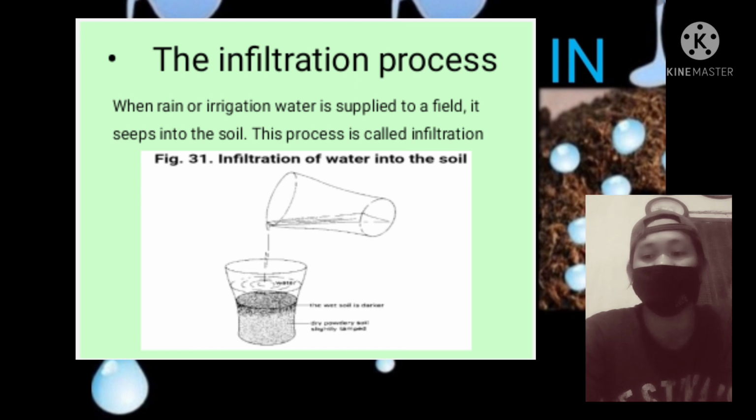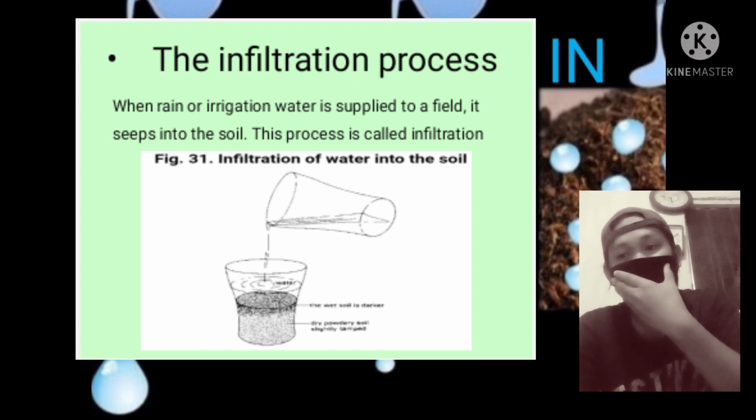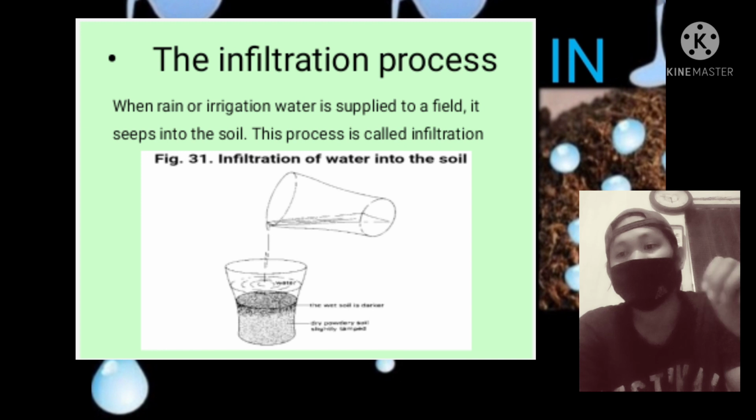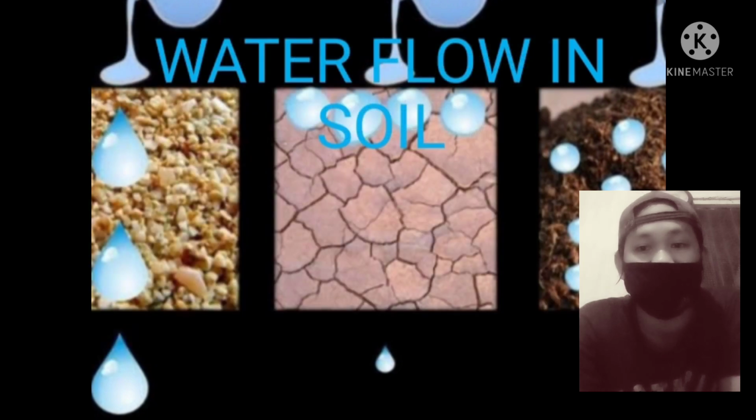Look at the picture of figure 31, infiltration of water into the soil. Pinagsama ang powder soil and slightly damp. Tignan mo yung baso, parang umitim yung sa taas, tinatawag yun na wet soil.